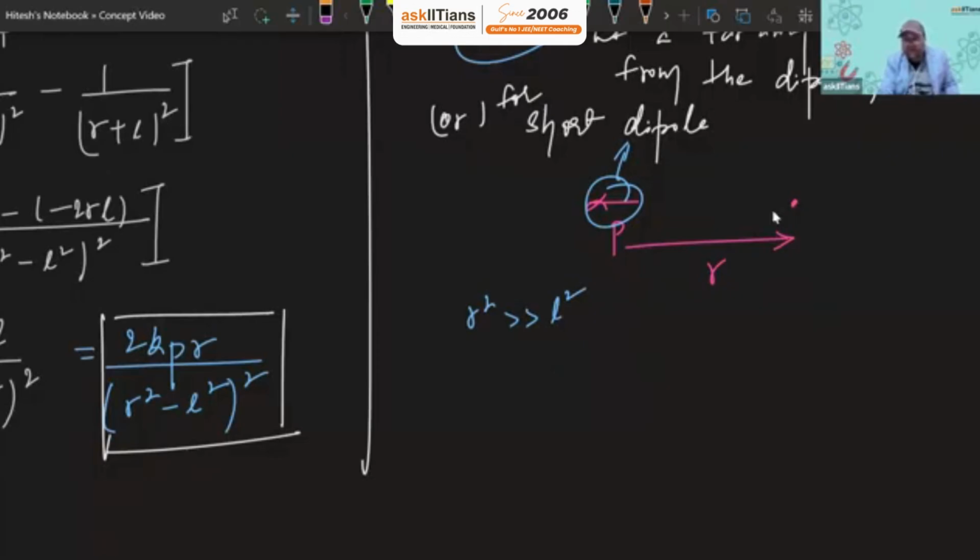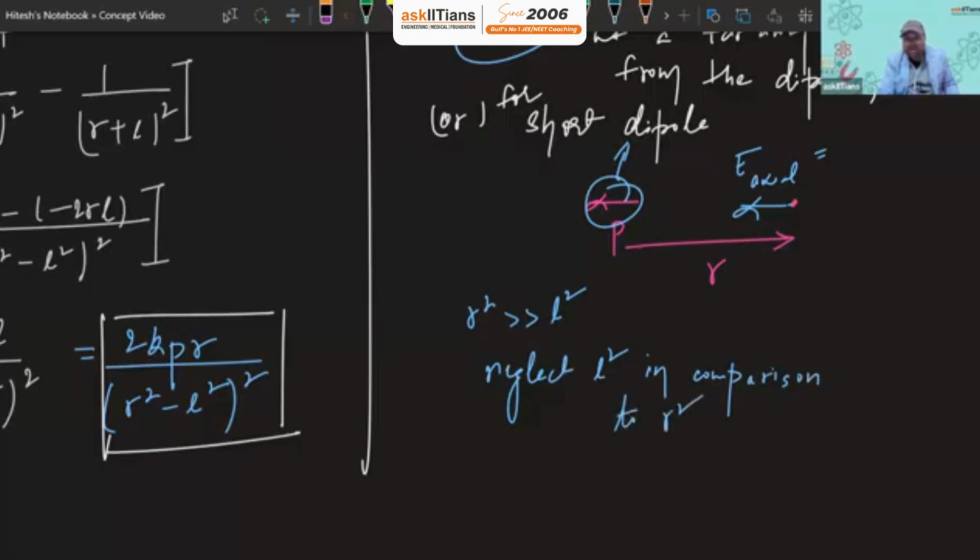So the electric field obviously would be in this direction only, right? E at axial, so we can neglect L square in comparison to R square, right?